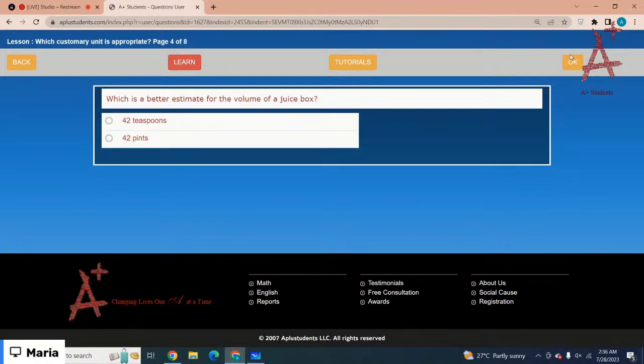You're right. Which is the better estimate for the volume of a juice box? 42 teaspoons or 42 pints? Which is the correct option?